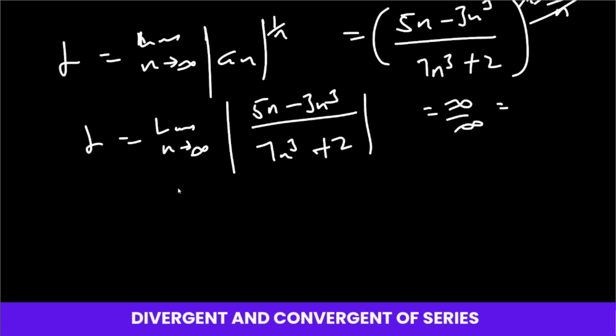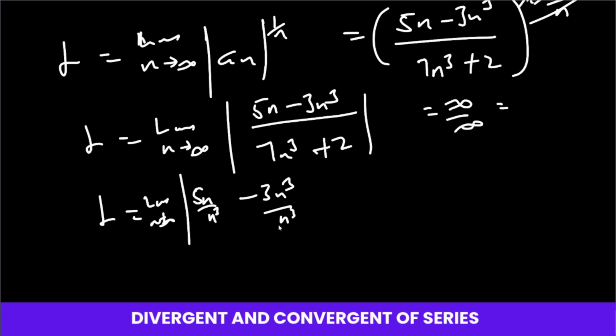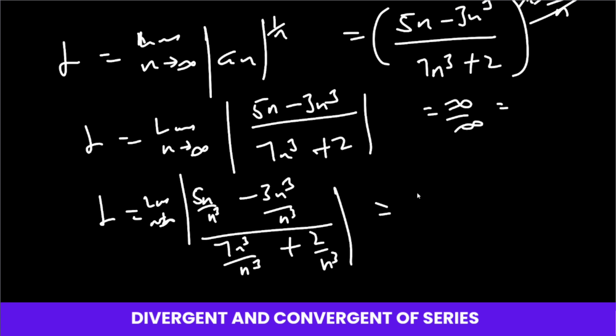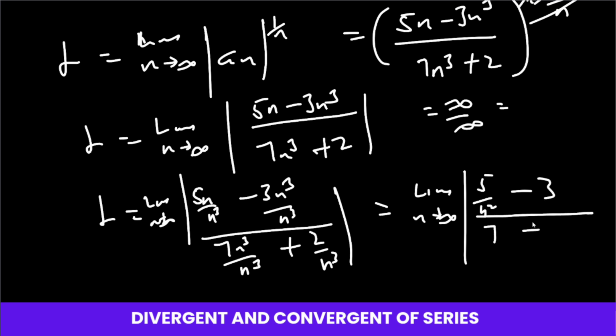So L is equal to the limit as n approaches infinity of 5n over n cubed minus 3n cubed over n cubed, all divided by 7n cubed over n cubed plus 2 over n cubed, and that will give us the limit as n approaches infinity of the absolute value of 5 over n squared minus 3, all divided by 7 plus 2 over n cubed.